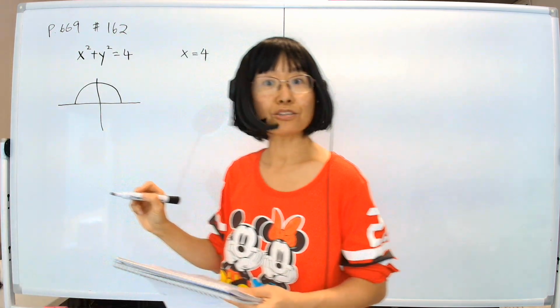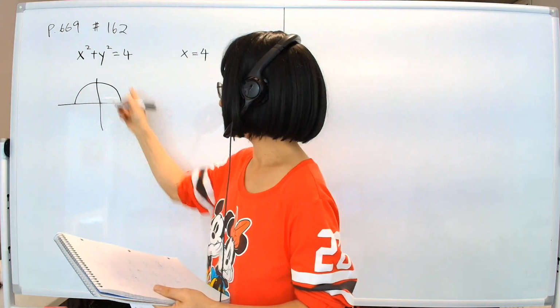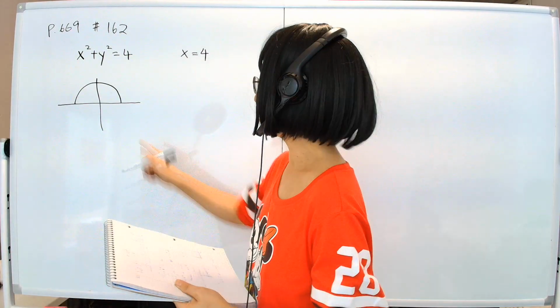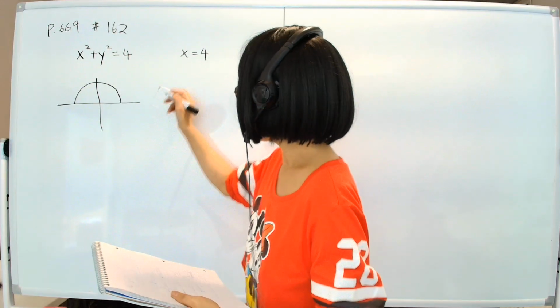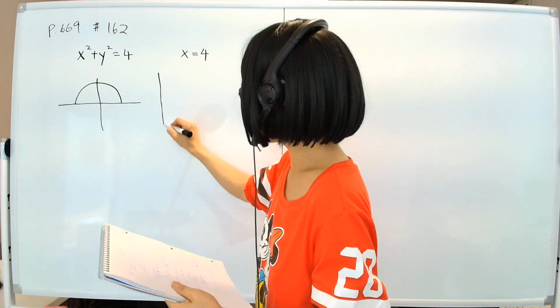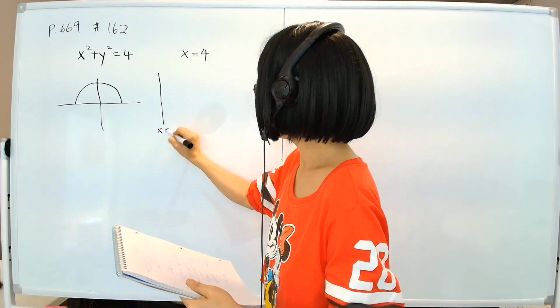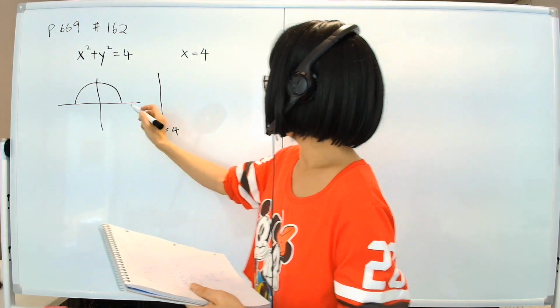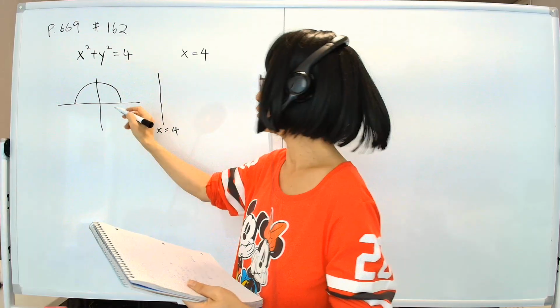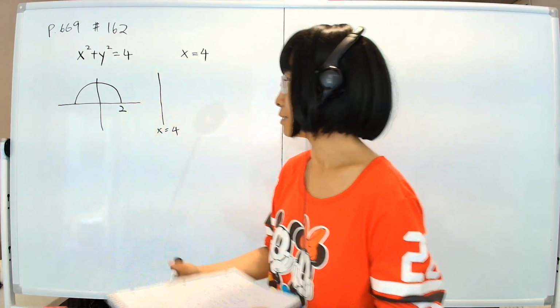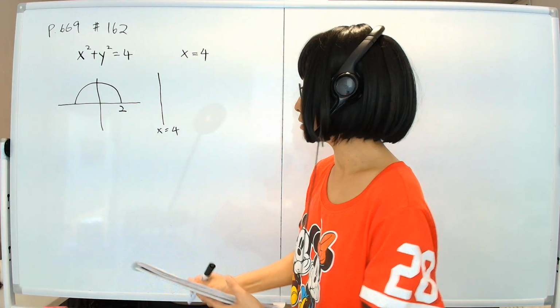I'm only going to draw half of it, but that's the whole circle. You can use your imagination to see what the rest of it looks like. Then there's a vertical line over here that we are going to spin it around. This is x equal to 4. The circle has a radius of 2, which is something that's taught when you learn about circles.